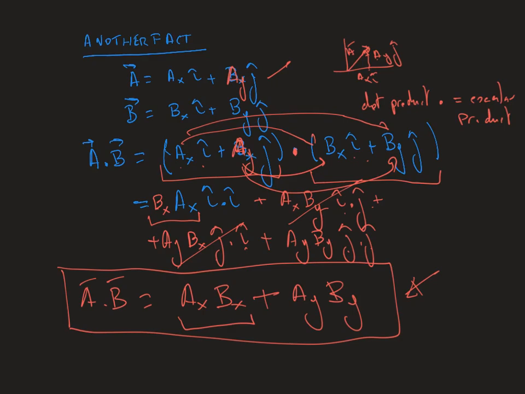So we have this, let me write a little bit. To make a summary, A scalar B is the magnitude of A by the magnitude of B by the cosine of the angle that A forms with B. And this is also equal to Ax Bx plus Ay By.